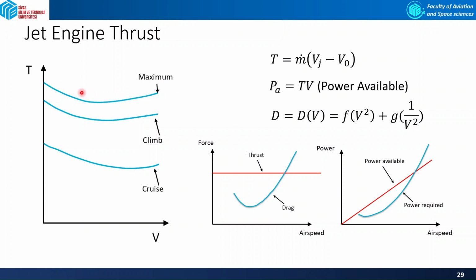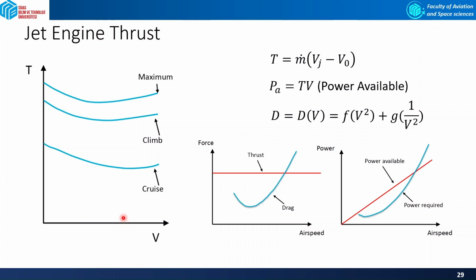But what is important is that if you just check these lines, these are not changing very much as the velocity is increasing. So we can consider that these are fairly flat, and we can show that the thrust indeed remains more or less constant for variable velocity, variable airspeed, like I just explained.